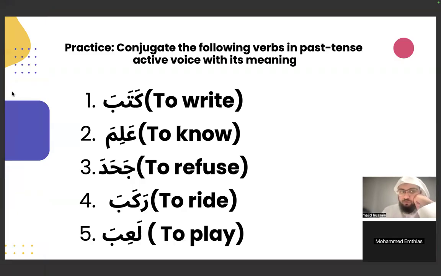Katabu. The third one, you write it like that. Katabu. Here is one. And the fourth one, katabat. Katabat.